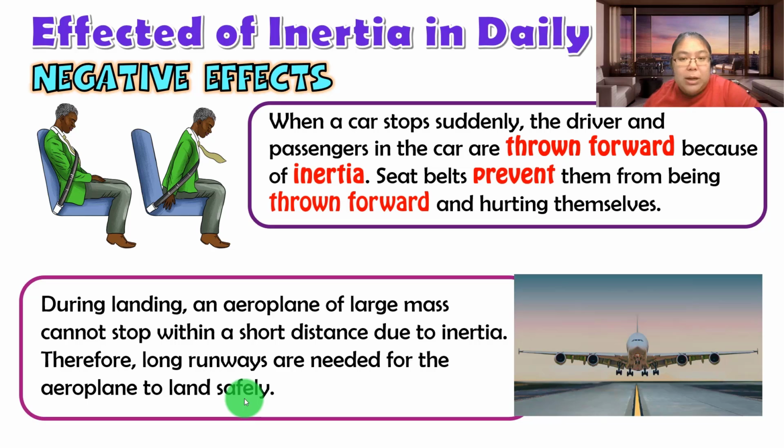So the runway must be longer, and you find the airport must have a bigger area. To let the aeroplane land, and also when it wants to lift off, it also needs to move for a long distance before it can lift off. So this is one of the negative effects of inertia.